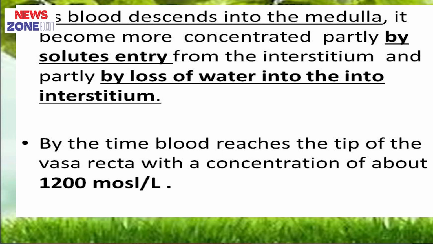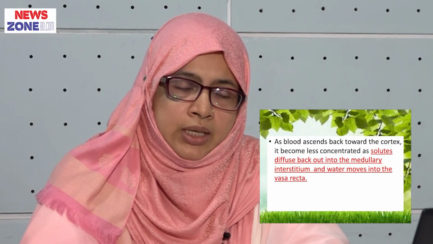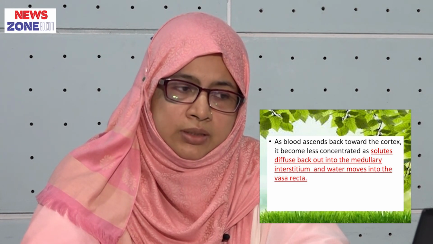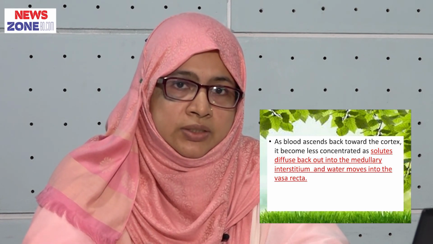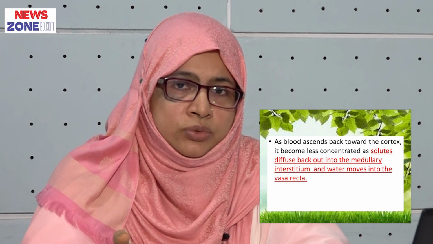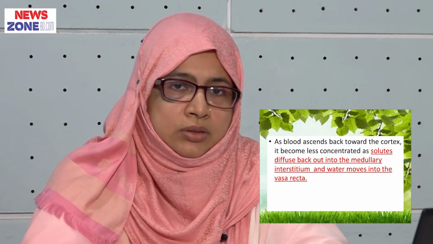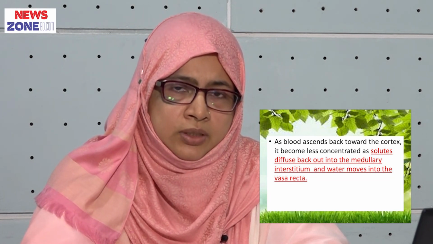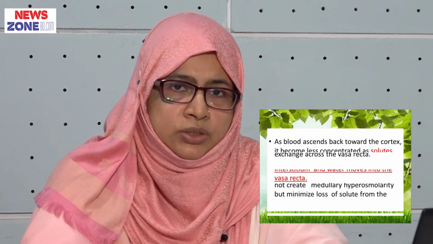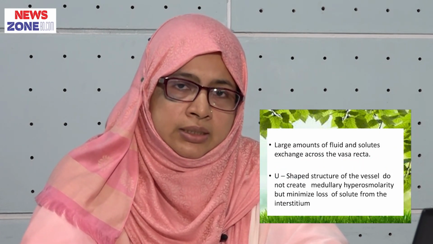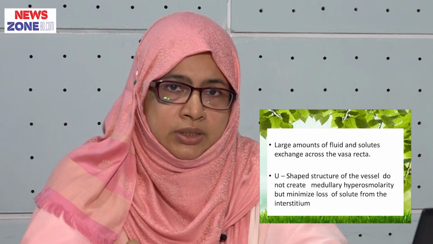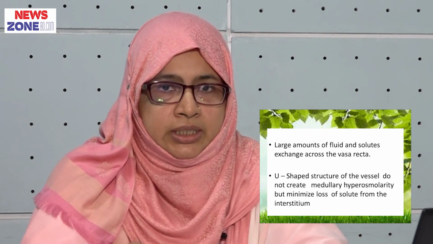In this way, it becomes equilibrium at the bottom, 1200 milliosmolarity, and then when it ascends, the osmolarity gradually decreases in the surroundings. So it has to make equilibrium with the surroundings. To make equilibrium, what happens? The solute should escape out from the limb to the outside and water should enter. In this way, solute is again coming out from the vessel to the interstitium and water is entering the vessel to make equilibrium.